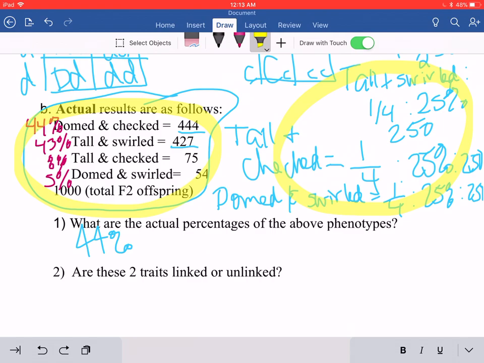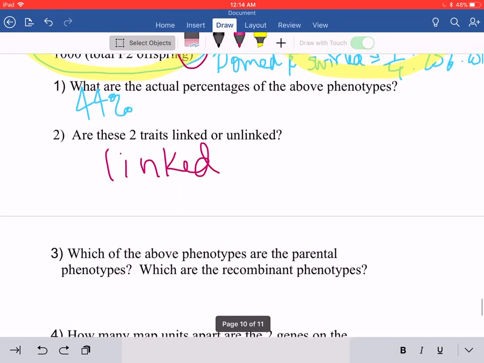If our observations deviate and are different from what we expected, it is very likely that these traits are going to be linked. When we compare that we should have gotten 250 individuals of each of these different combinations to the numbers that we actually got, we can say, absolutely, these are going to be linked. There's something going on there. Now let's keep going here.